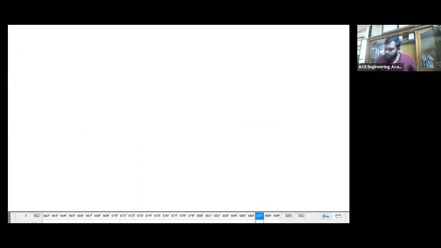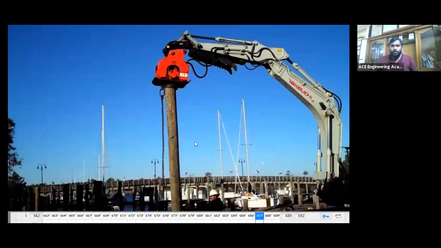If you observe here, I have already prepared a pile. This is either a timber pile or a concrete pile or a steel pile, or any pile you take. I prepared the pile in the factory and bring that pile to the site.